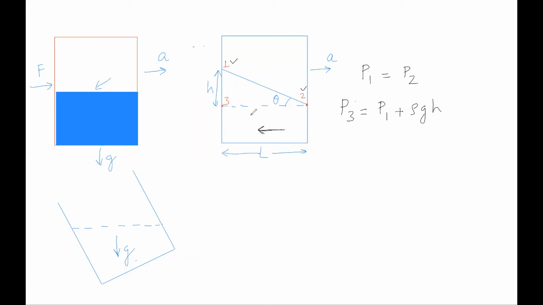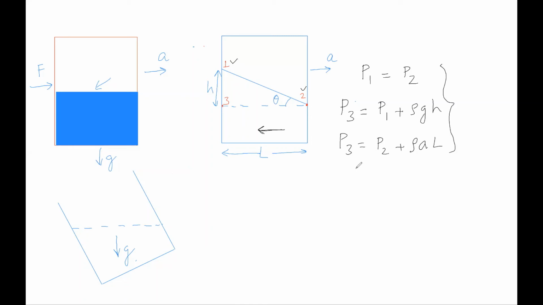Further, along the horizontal direction, applying the same Pascal's law as a consequence of this pseudo force, we can write P3 is equal to P2 plus rho A L. We have three equations.